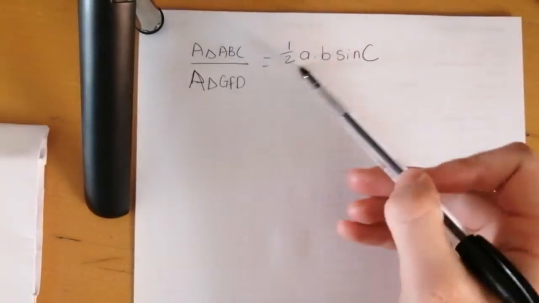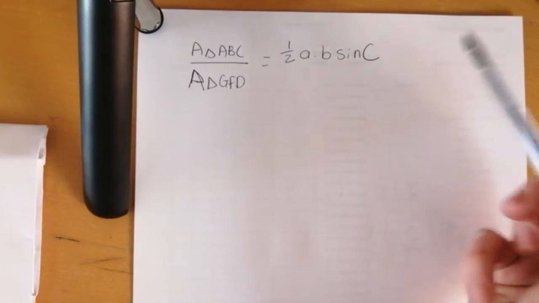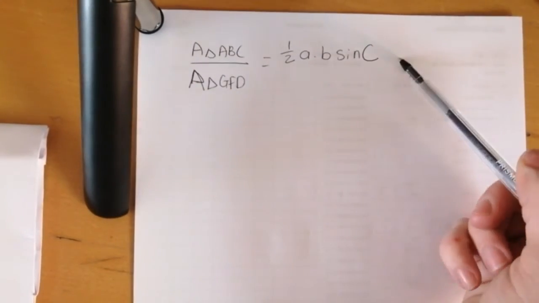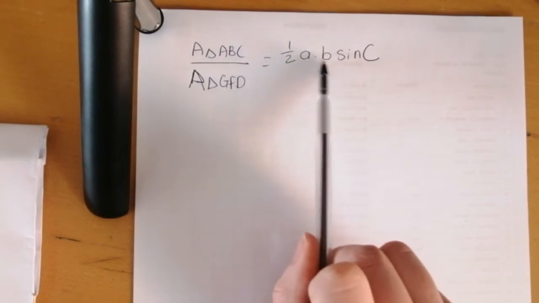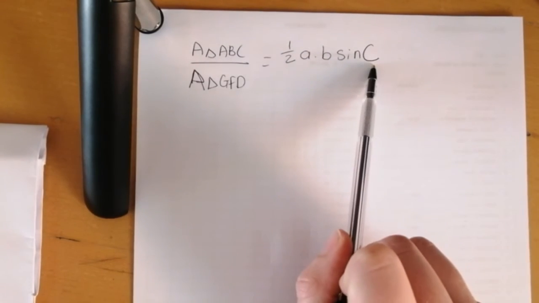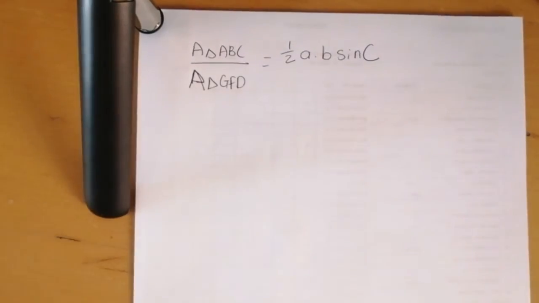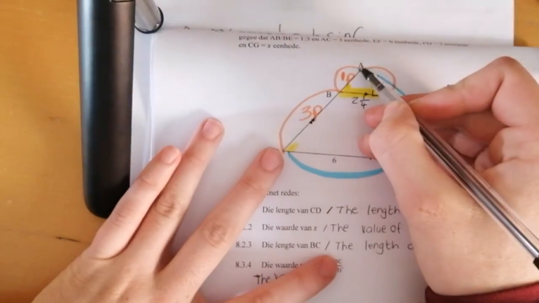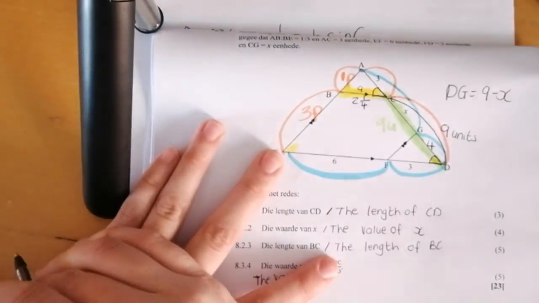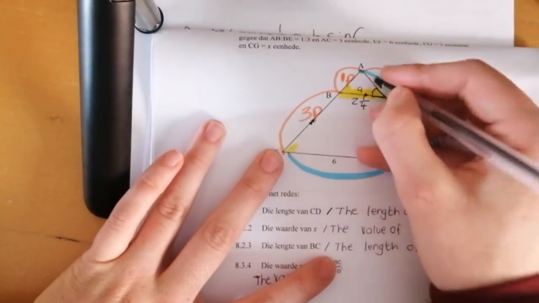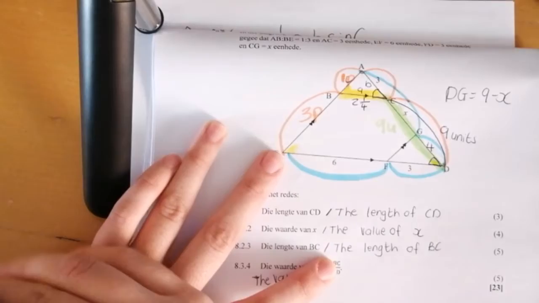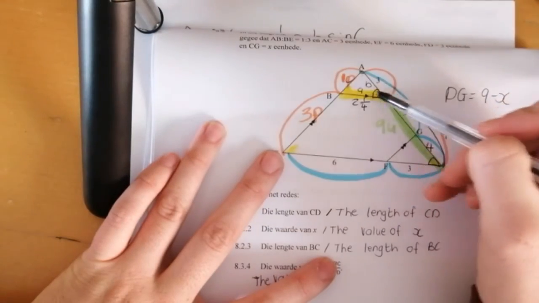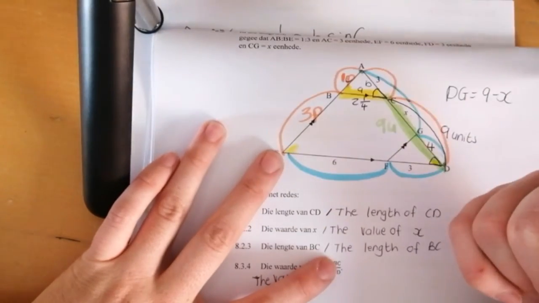But within your exam, you can't use AB sine C. You need to state the actual sides. So remember, it's the one side and the other side, and the side that you didn't use, that angle. All right, now let's look here quickly. This is angle A, meaning that this is side A. This is angle B, meaning this is side B. This is angle C, meaning this is side C. So within triangle ABC, what do I have?